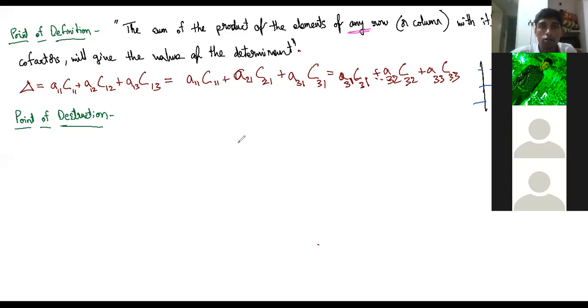Yeah, so when you solve the determinants, you guys must be knowing that it is possible to go about any row or any column. You can solve the determinant going like this, going like this, going like this.